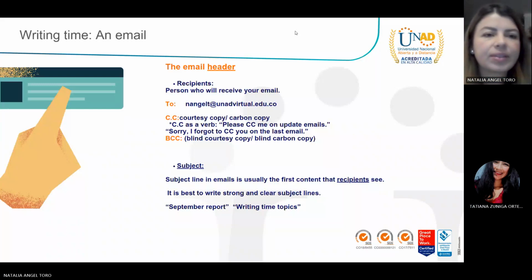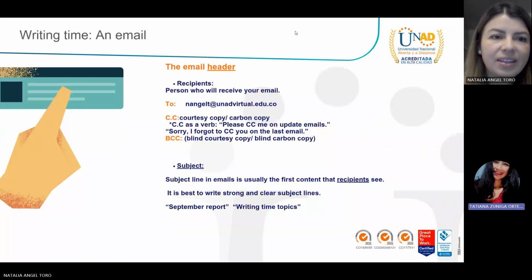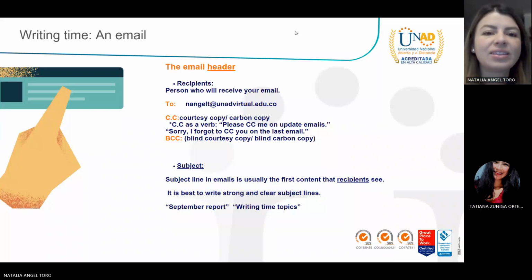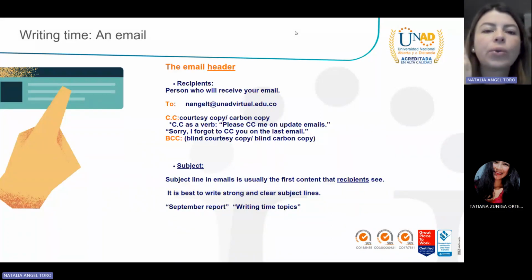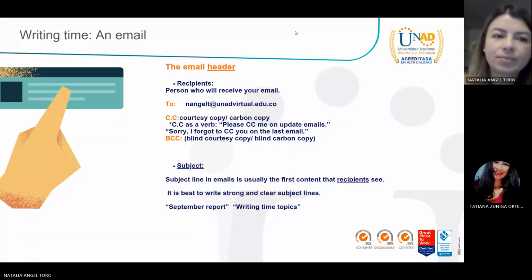Pues, digamos, sería para quién va dirigido el correo, o sea, quién quiere hacerle llegar esa información. To whom, so the recipient. Ese quién que tú dices, lo llamamos recipient, ¿sí? El receptor, the recipient, is the person who will receive your email. Okay?